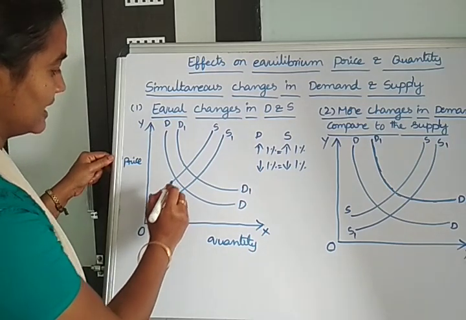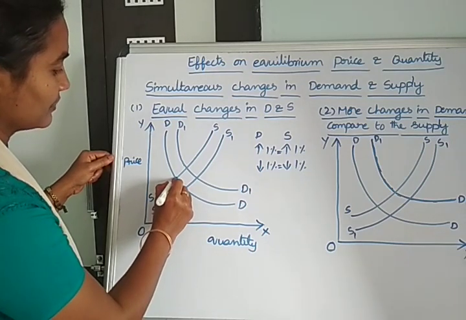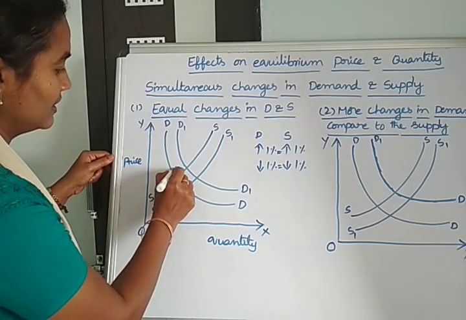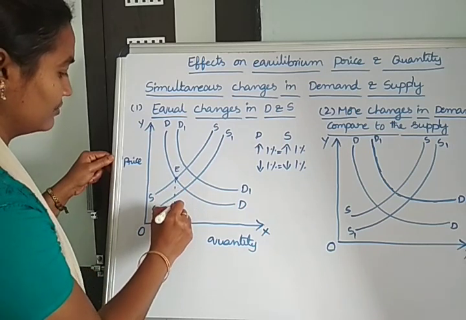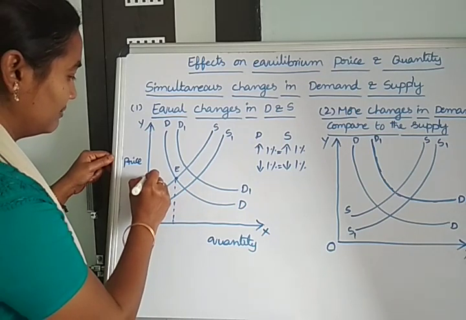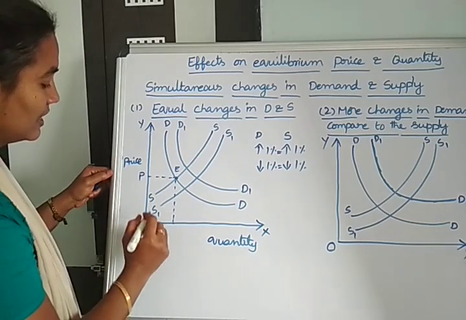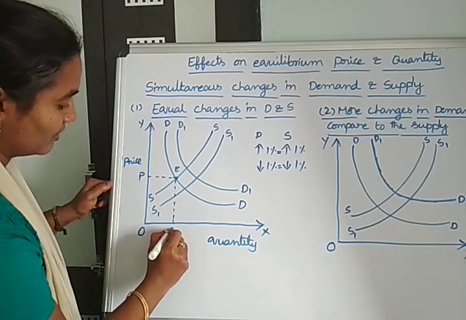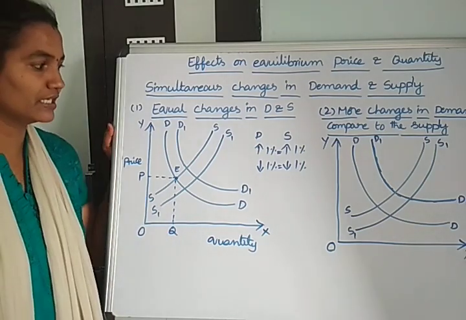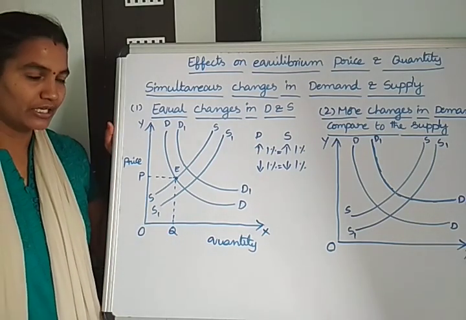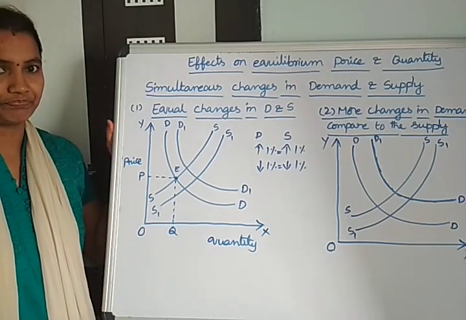These two intersect at point E, where we find the equilibrium quantity and equilibrium price. P is the equilibrium price and OQ is the equilibrium quantity. This is the original determination of equilibrium price and quantity.